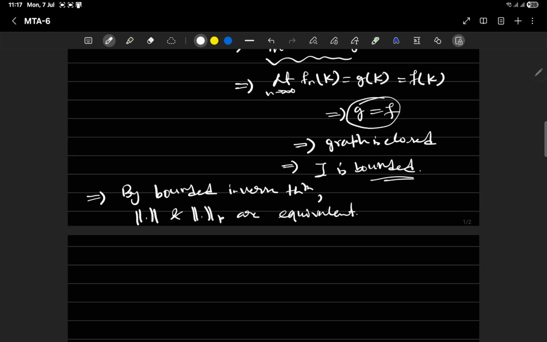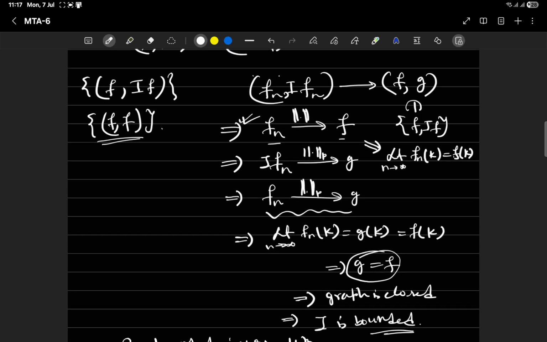So all was about using the properties properly in the right places, and that would give you the final result. So yeah, that is it.